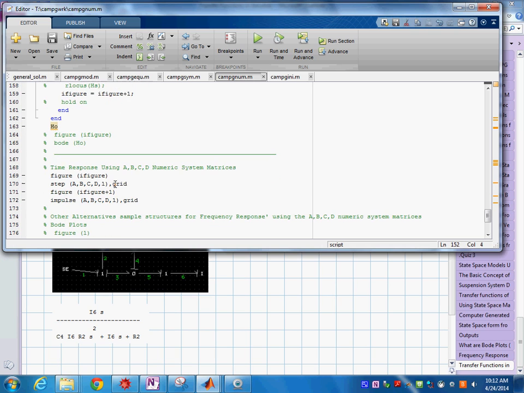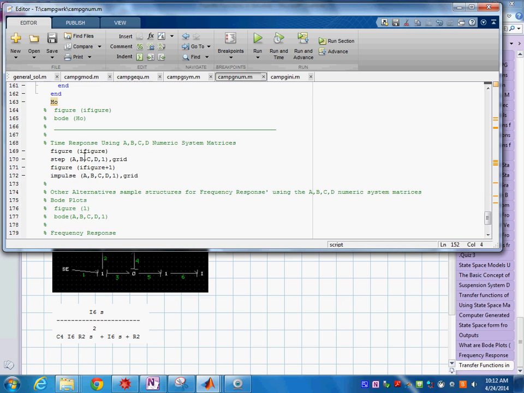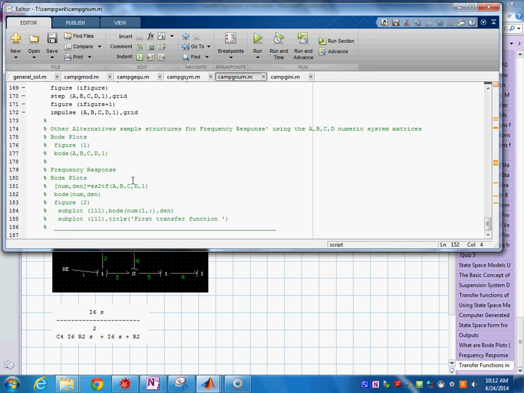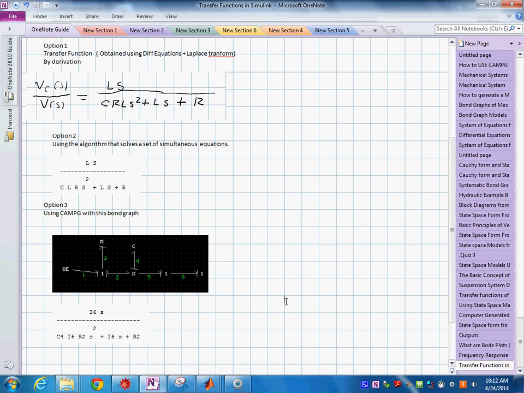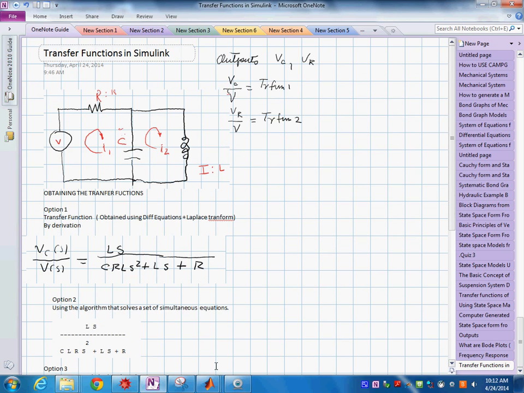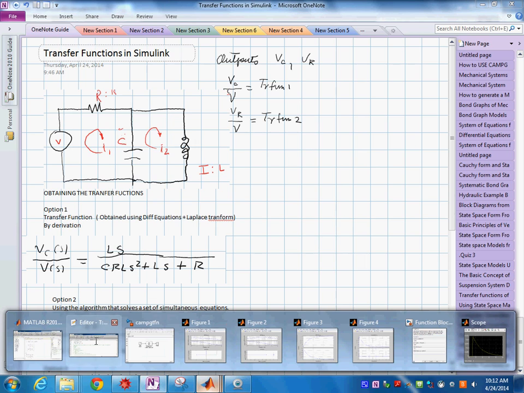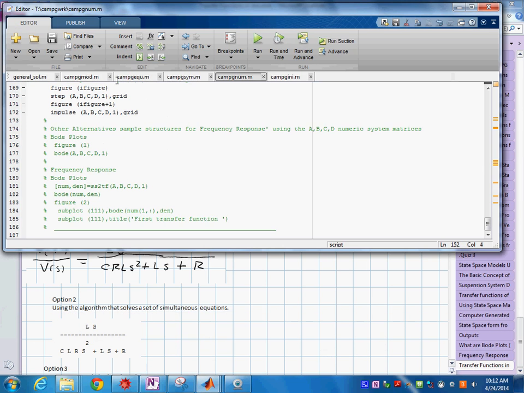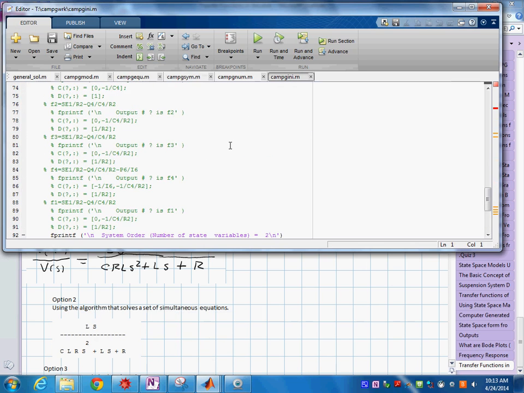And right after that, we just do the step and the impulse response. But there are two files that control the Simulink interface. This is the file that I told you does all those things.